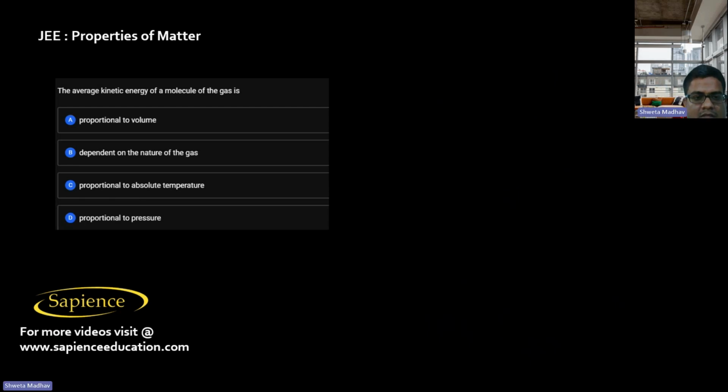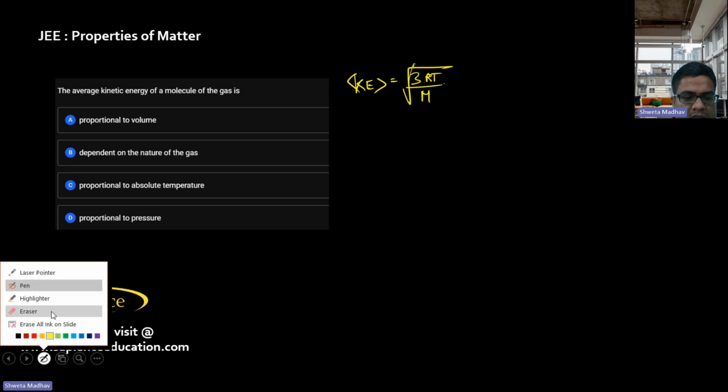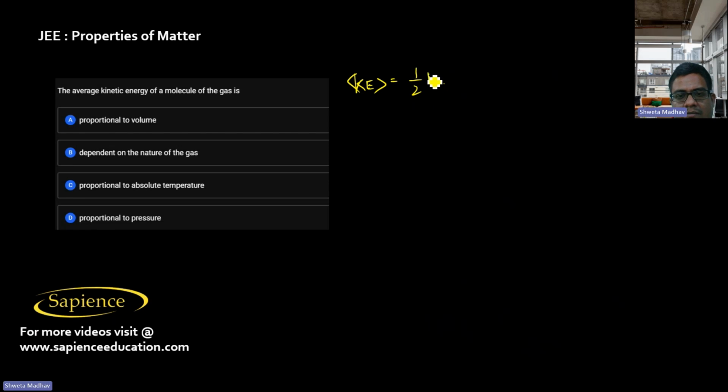We know that the average kinetic energy is half m v square, where v rms is root of 3RT by M. So the average kinetic energy is 3 by 2 RT.